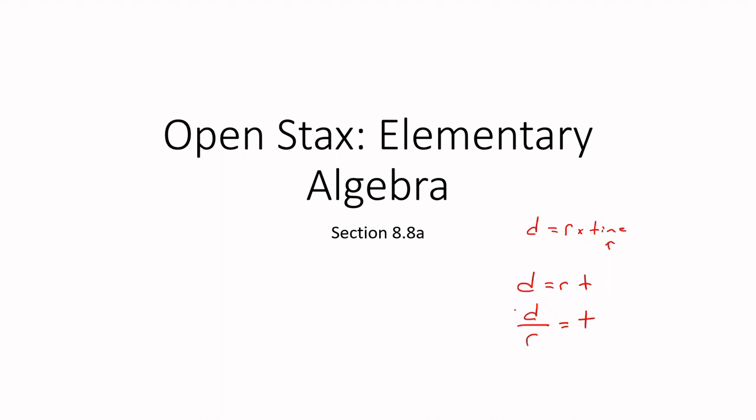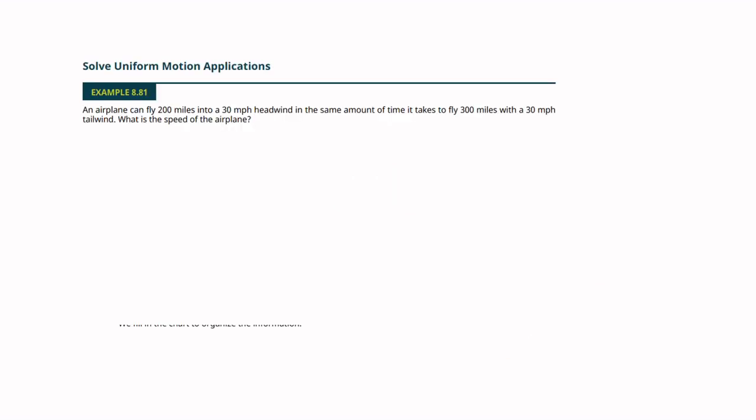We're going to know something about the distance and something about the rate, and if you divide them, that has to be the time. So d over r is going to be the time.